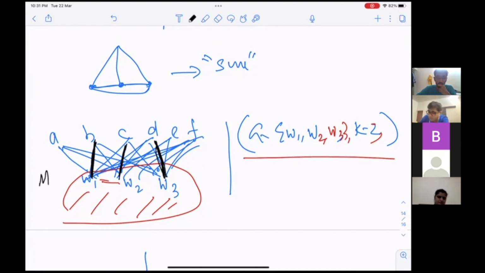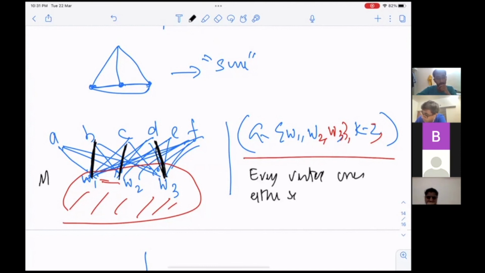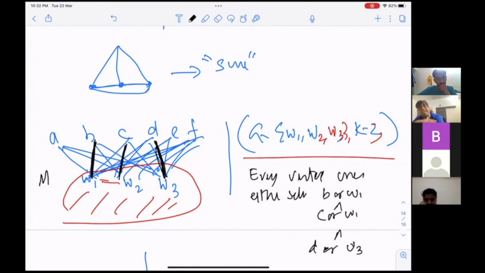Every vertex cover must pick at least one vertex from B or W1, another vertex from C or W2, and another from D or W3. Is it true? Every vertex cover of size at most k is forced to pick at least 3 vertices from here.